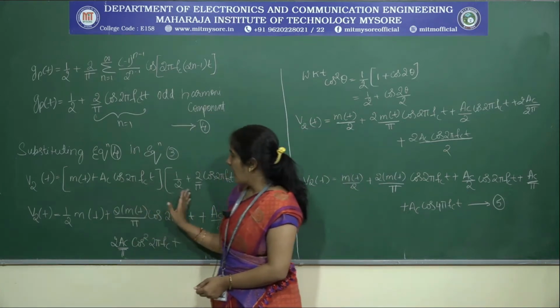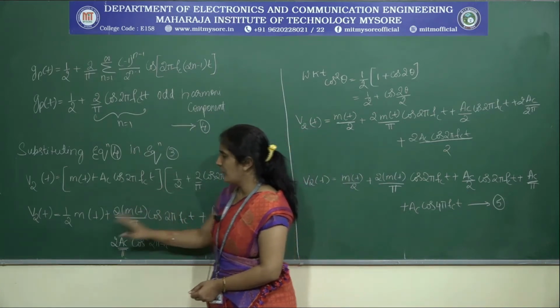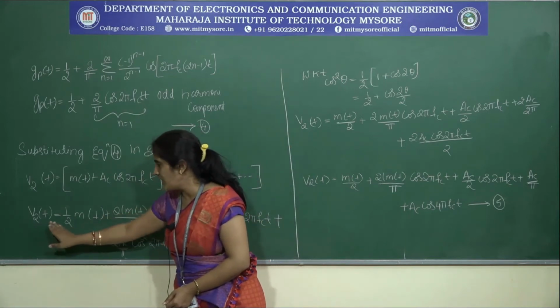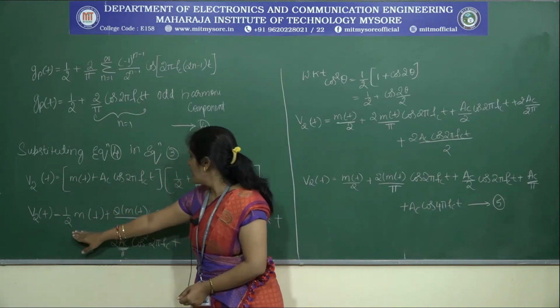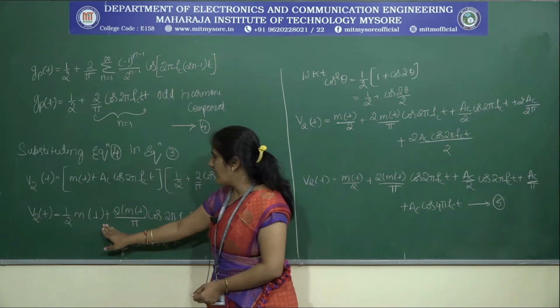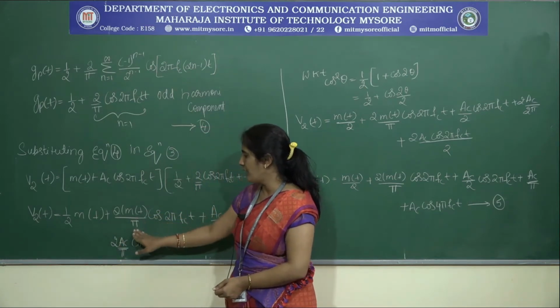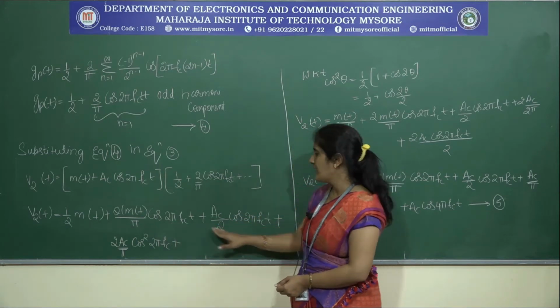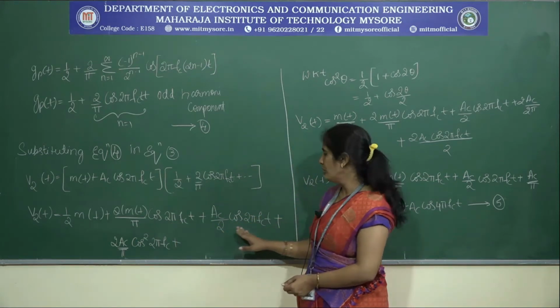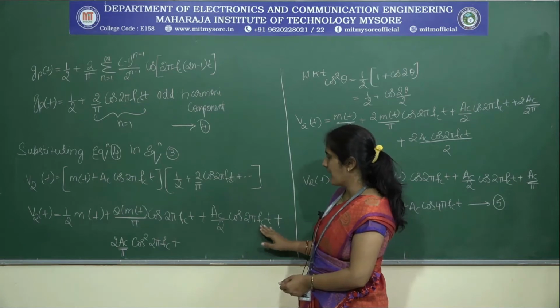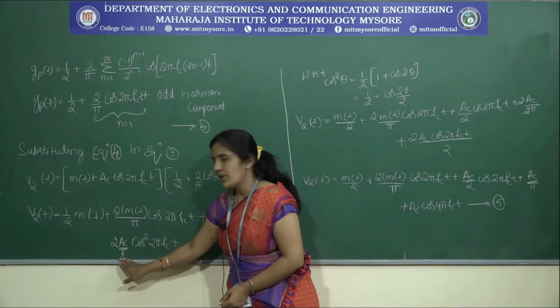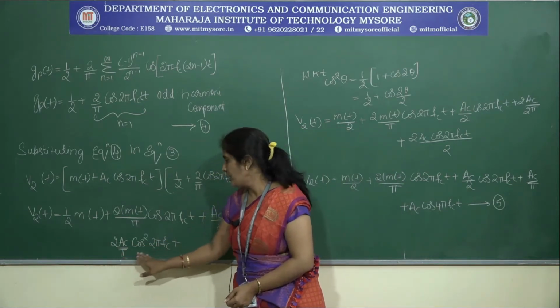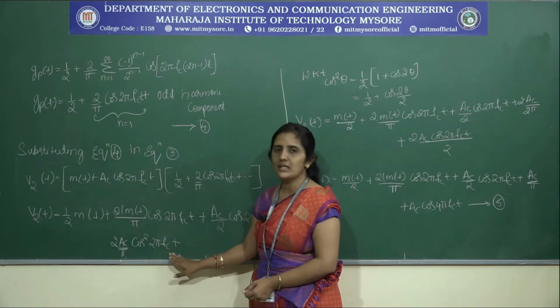So now after solving this equation we are going to get V2 of t is equal to half into m of t plus 2 m of t divided by pi into cos 2 pi fct plus AC divided by 2 into cos 2 pi fct plus 2 into AC divided by pi cos square 2 pi fct.